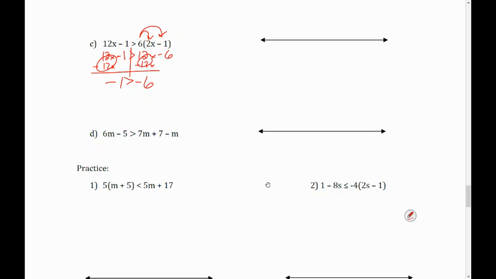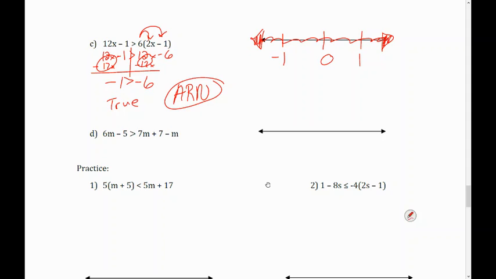So that is a true statement. A true statement means all real numbers, which I'm going to abbreviate this time. -1, 0, and 1 on our line, and we're shading the entire thing from the left side to the right side with an arrow on each side.